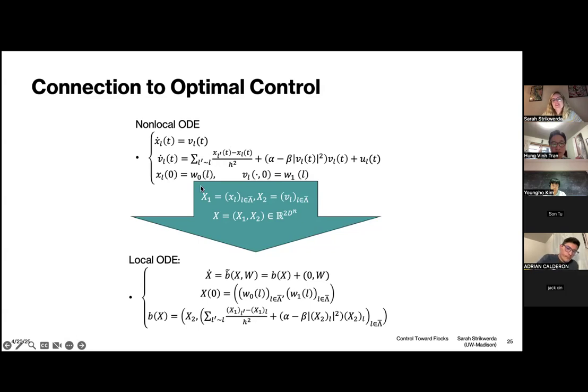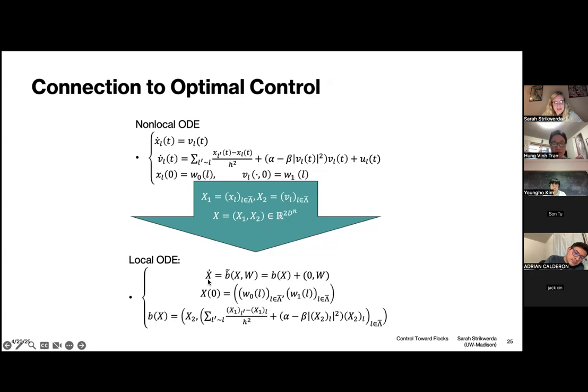And of course, we could just rethink the way that we're looking at this problem by defining this x1 to be xl. So this is a vector where it has an xl for all of the l's in the lattice, and then x2 is just a vector of all of the velocities in the lattice. But what we notice here is that x is now going to be x1 and x2, and so that is going to be in R to the 2d times n, so very large.